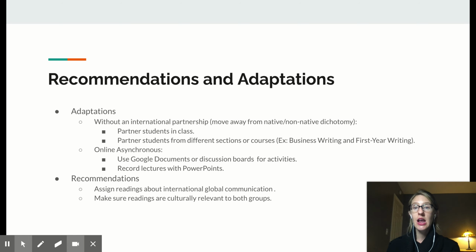And so the idea instead is that everybody has a lot of different language variety, even if you identify as monolingual, meaning you identify as speaking only one language fluently. Most people have at least been exposed to other languages, and we also have our own dialects. So I'm from Western Pennsylvania.